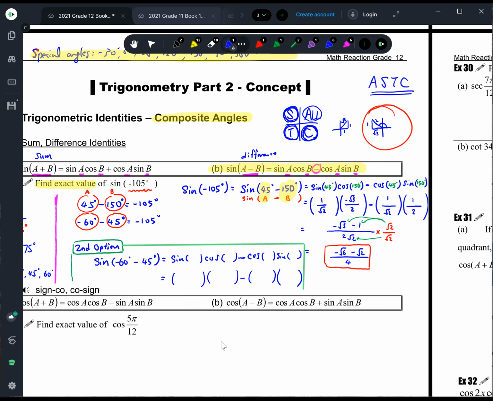And let me know if you still have anything that's confusing to you, okay? Any small questions you have, doesn't matter how small it is.